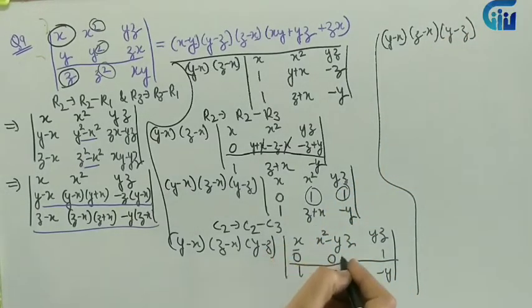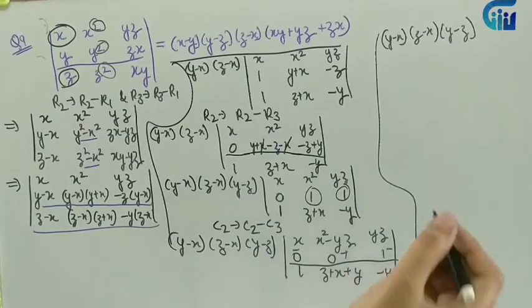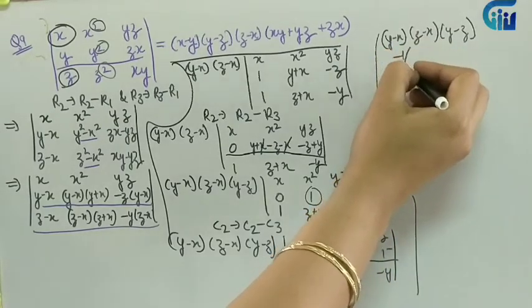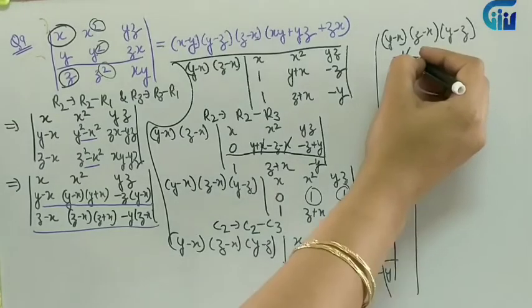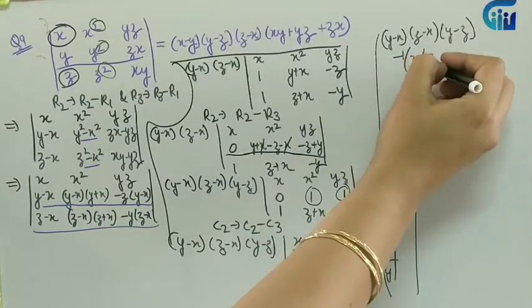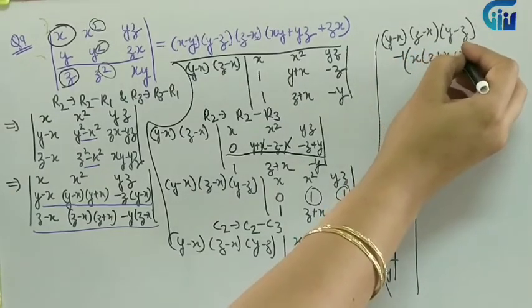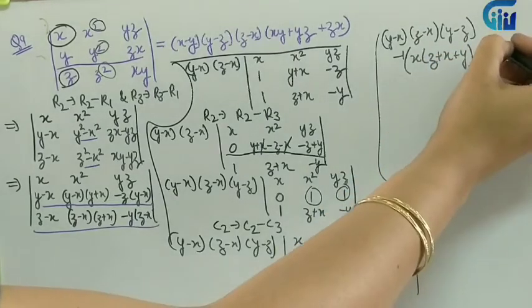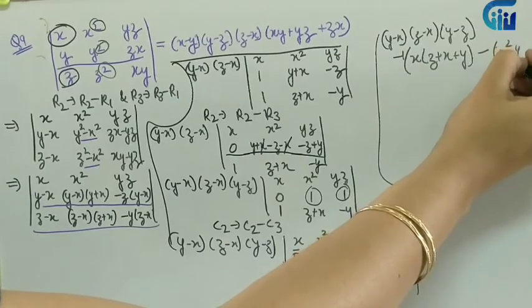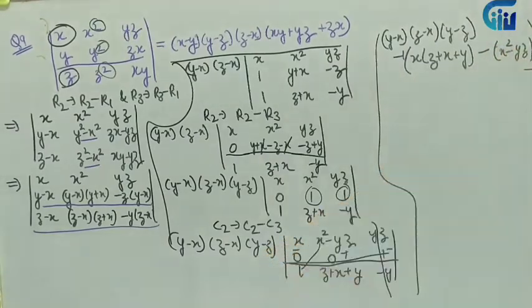This was minus, this was plus and this was minus. So I'll write minus 1. Cover it along row and column. What will you get? You will get x multiplied with z plus x plus y, minus 1 multiplied with x square minus yz. X square minus yz.